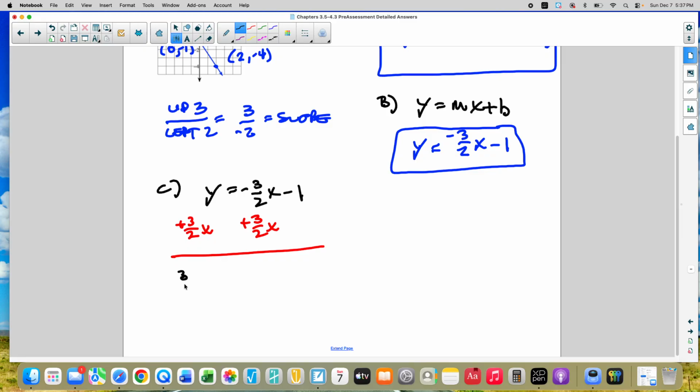So this gives me 3/2 x plus y equals -1. Now, remember my a, b, and c need to be integers. A, b, and c must be integers. That means whole numbers or their opposites. And then the other stipulation is a must be positive.